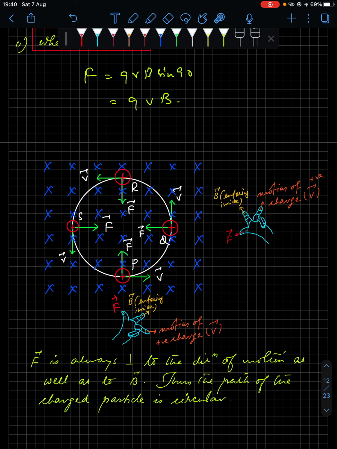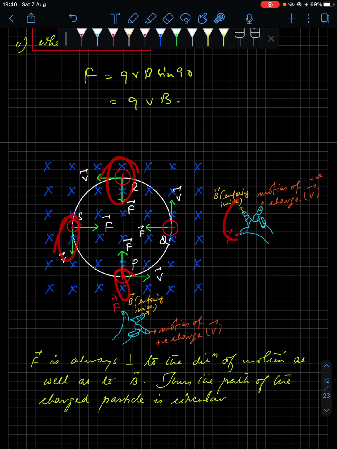By Fleming's left-hand rule, your index finger will point towards the magnetic field, which is inside the page, and the middle finger points along the direction of the v vector. In such a case F shows you the force.